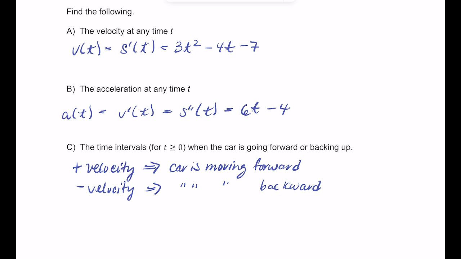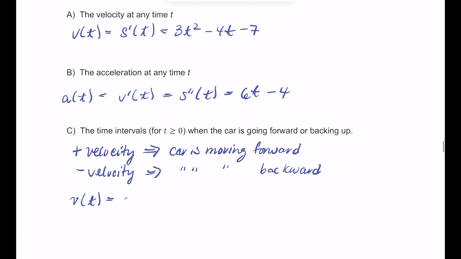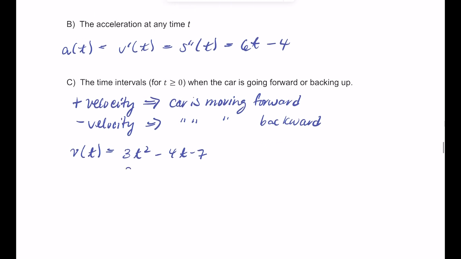So I want to find the intervals where the velocity is positive and negative, and we learned how to do that, right, in the first section. So I'm going to take my velocity, which is just 3t squared minus 4t minus 7, and I'm going to set that equal to 0 and find my critical values.